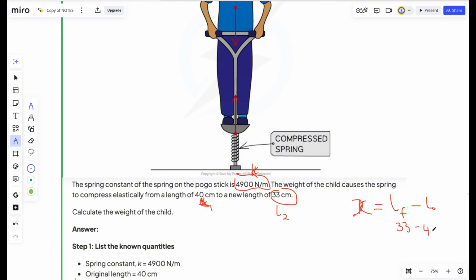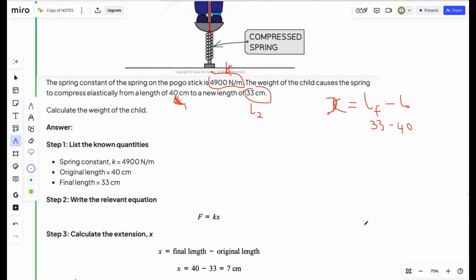But in the extension we don't need to have negative, so we say 40 minus 33, which gives us 7 centimeter. We divide by 100 if we want to change to meter. We get 0.07 meter.